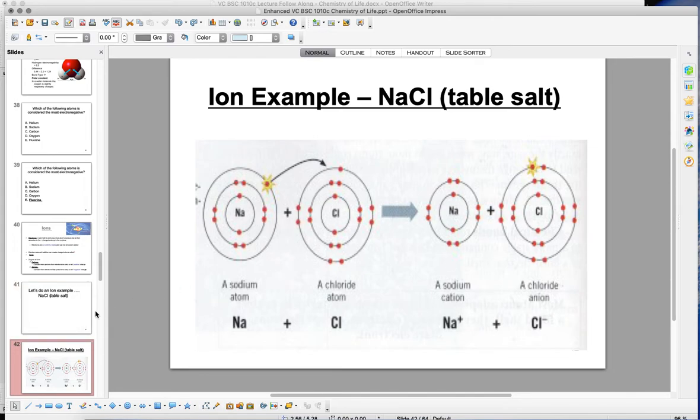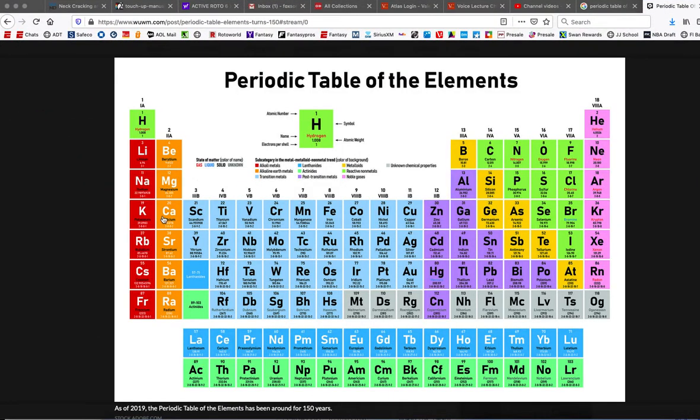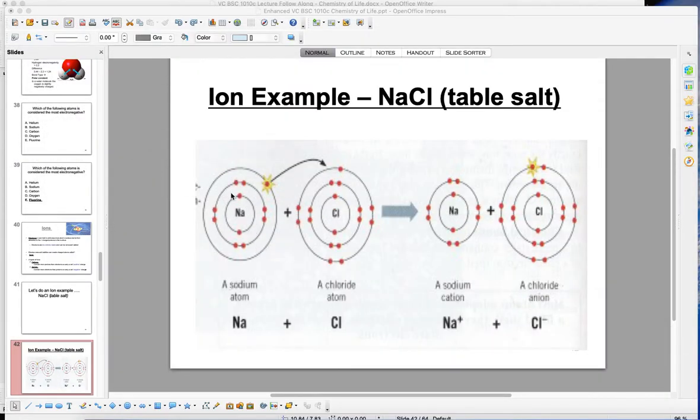I went over this with you a minute ago, but just to take a look again, remember when we're mixing the atom Na and the atom Cl. Na is not electronegative at all, because it's over here on the periodic table. Remember we said that electronegativity increases up here. Na's atomic number is 11, which means it has 2 in the first shell, 8 in the second shell, which equals 10, and then 1 more in the outer shell.